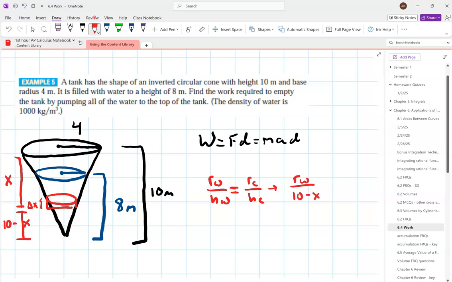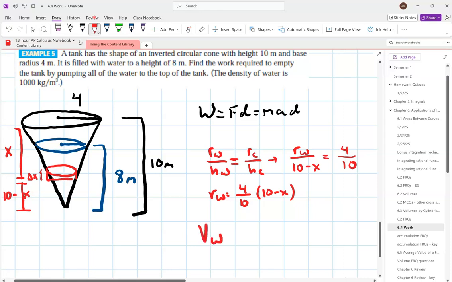And the radius of the cone is just 4, and the height of the cone is just 10. So the radius of the water is going to be 4 over 10 times 10 minus x. Everybody okay there?